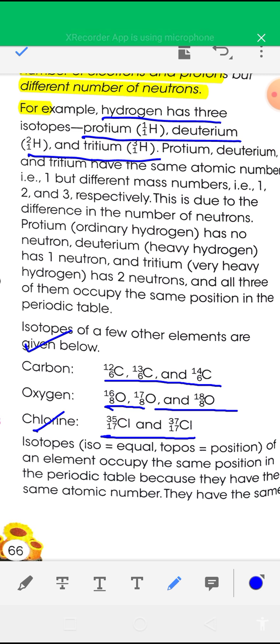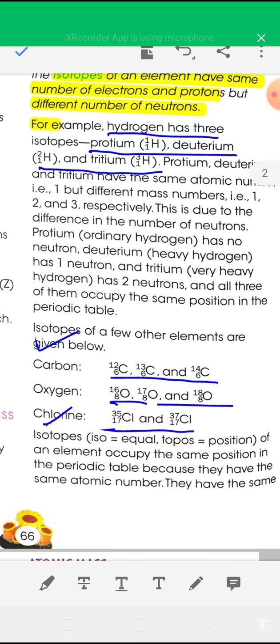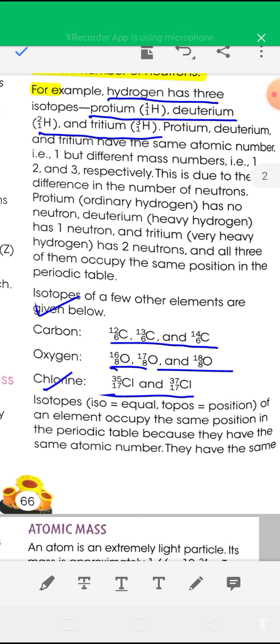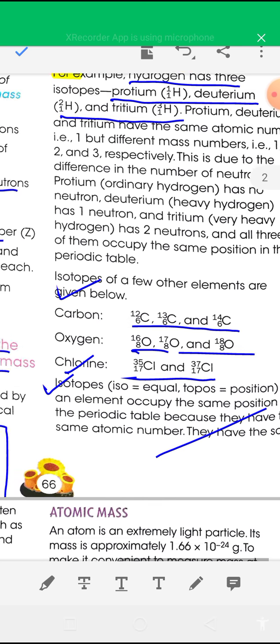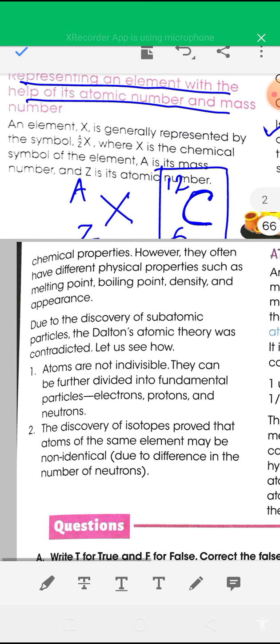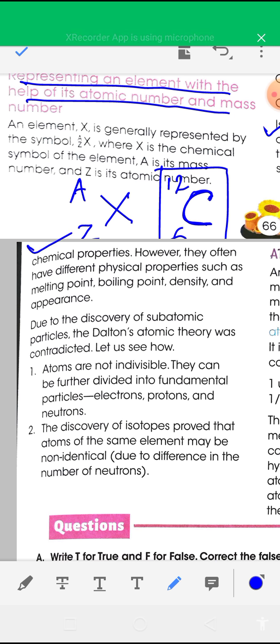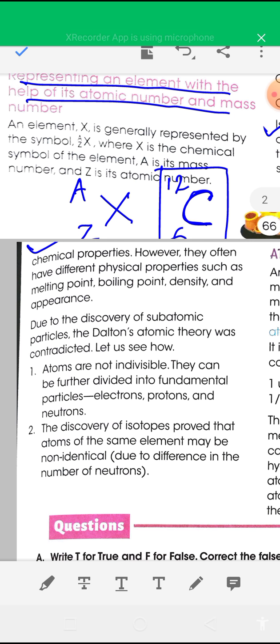Iso means same, topes means position. Isotopes of an element occupy the same position in the periodic table because they have the same atomic number, and they have the same chemical properties because they have the same number of protons and the same number of electrons.